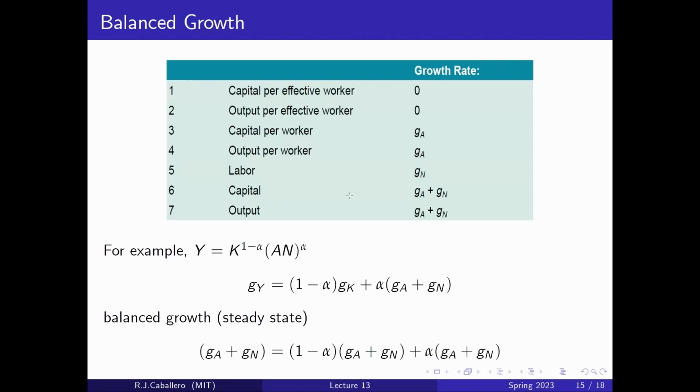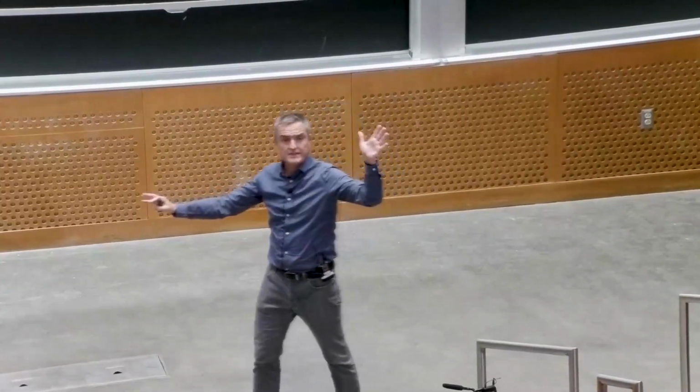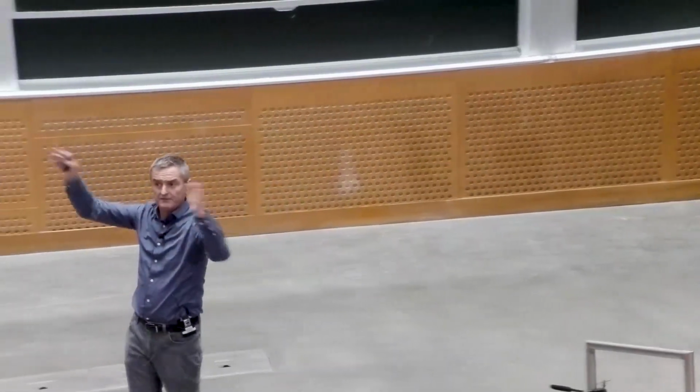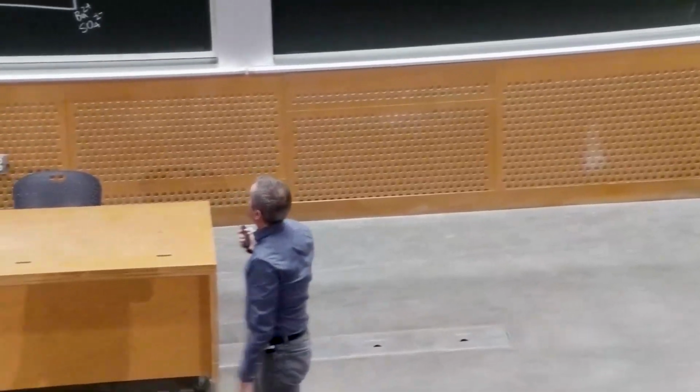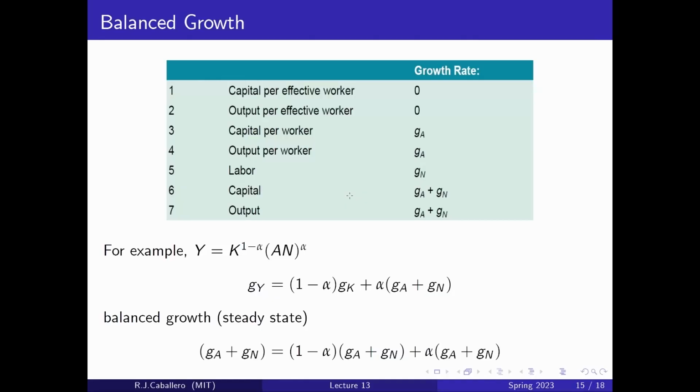So capital per effective worker will be at a steady state. That's the diagram we plot. Remember, the diagram we plot was output per effective worker against capital per effective worker, and that diagram had a steady state. At the steady state, or the balanced growth point, the normalized variables grow at the rate of 0.